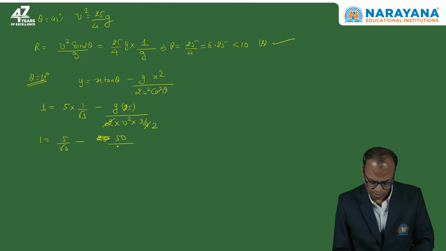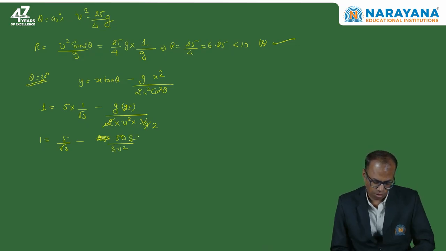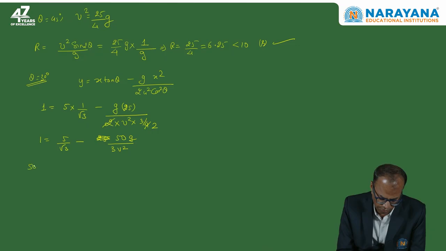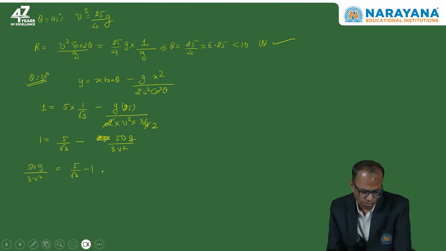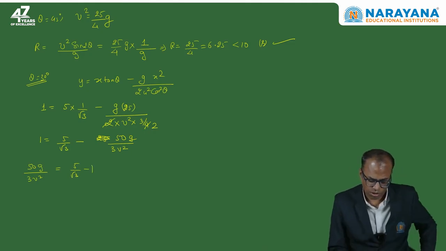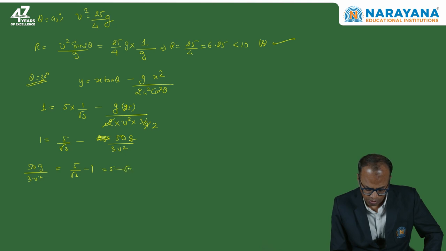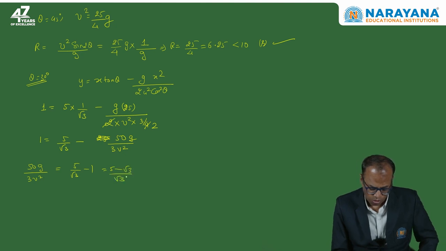So 50 by 3V square, and in the numerator there is G also. So I get 50G by 3V square is equal to 5 by root 3 minus 1. Is it a positive value? 5 by root 3 is yes greater than 1. So this is 5 minus root 3 by root 3.